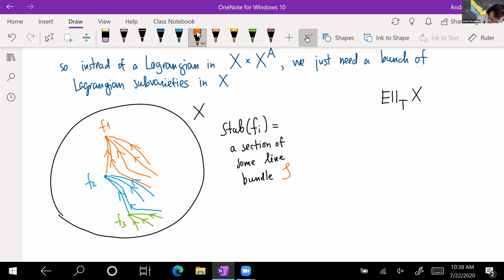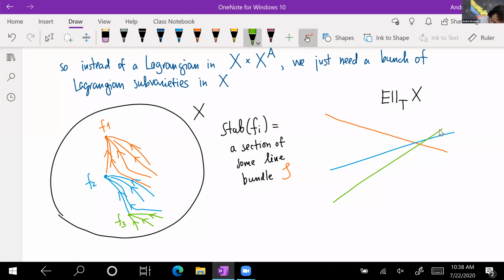For every fixed point, it will have a copy of the elliptic homology of a point. So it would look something like this, and they all sit there.